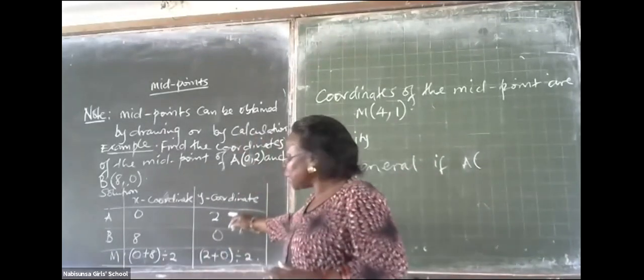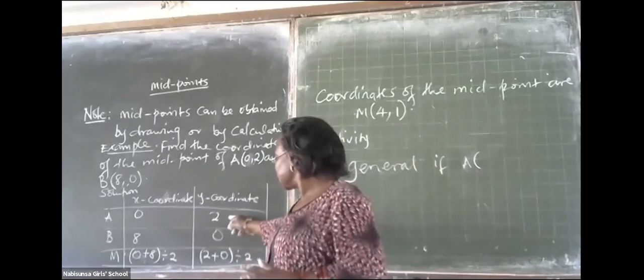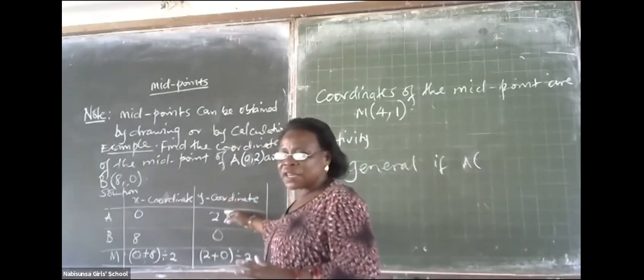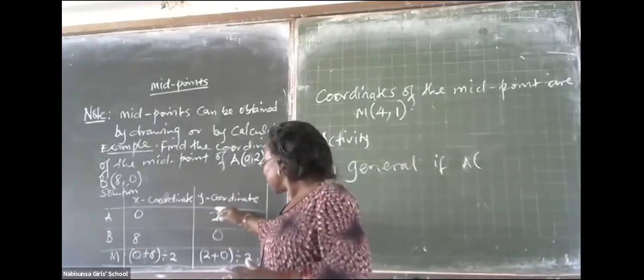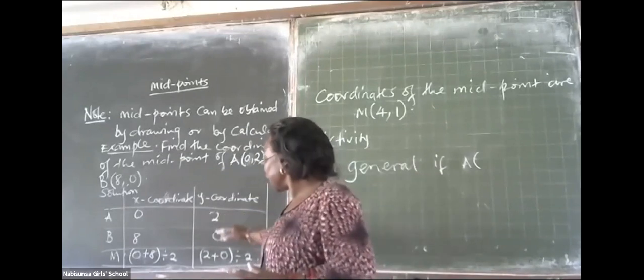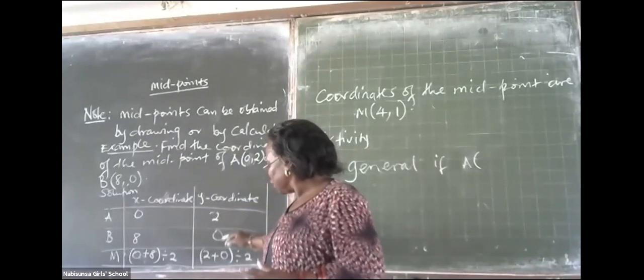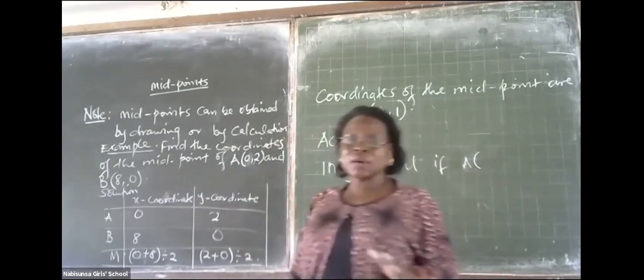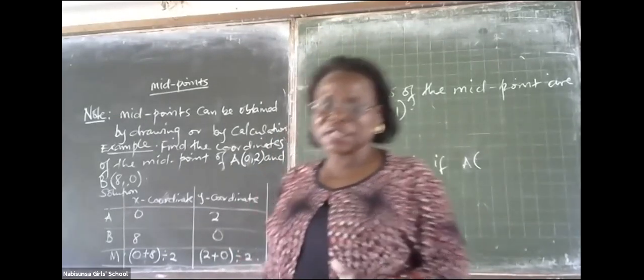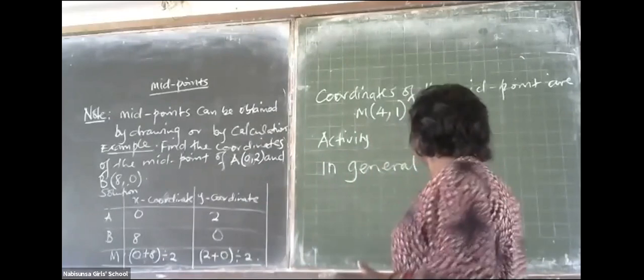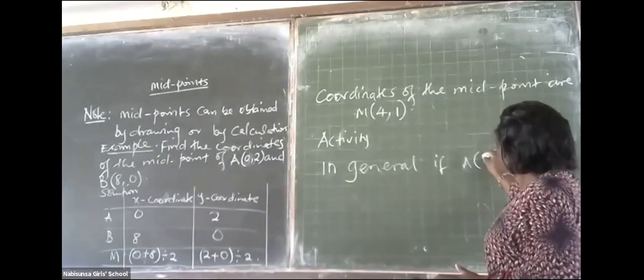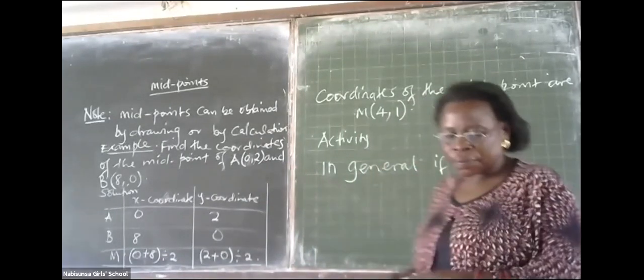Likewise, take the y coordinate of point A and the y coordinate of point B, divide by 2, and we get the y coordinate of the midpoint. Right? In general.